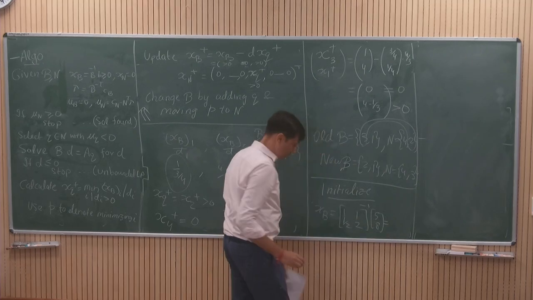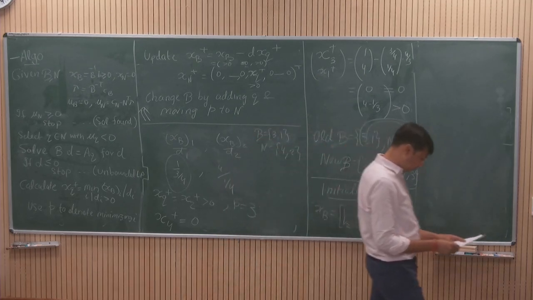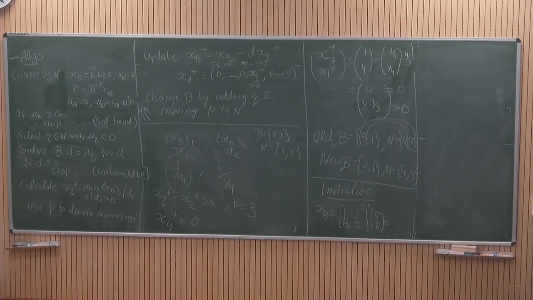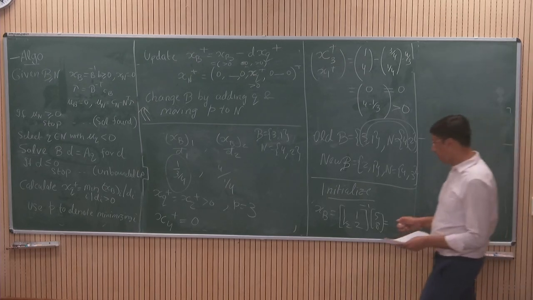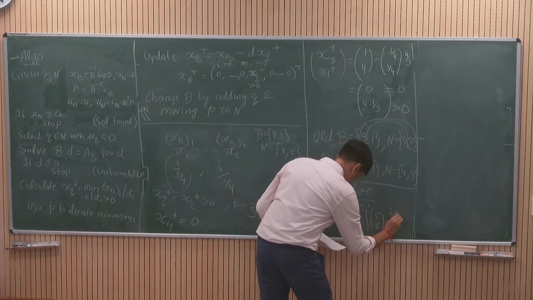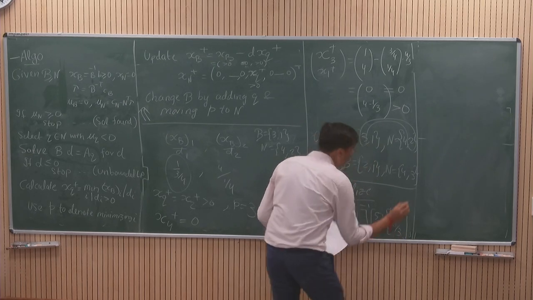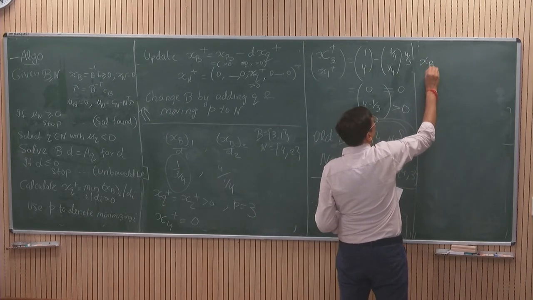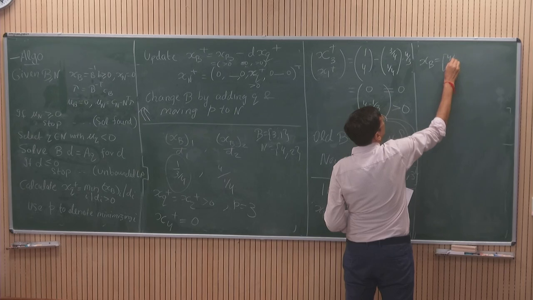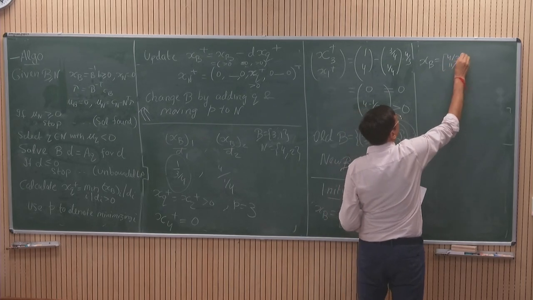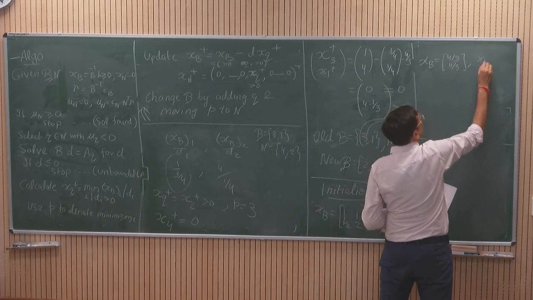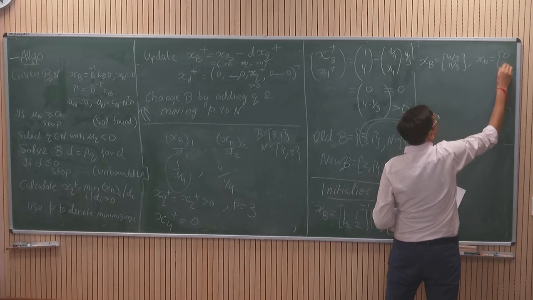This value will turn out to be 4 over 3 and 11 over 3. So your xb now is 4 over 3, 11 over 3. Your xn stays 0, 0.